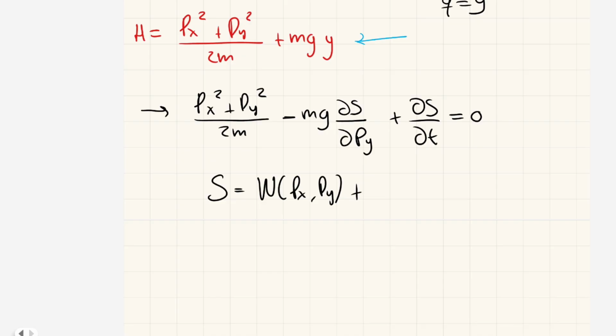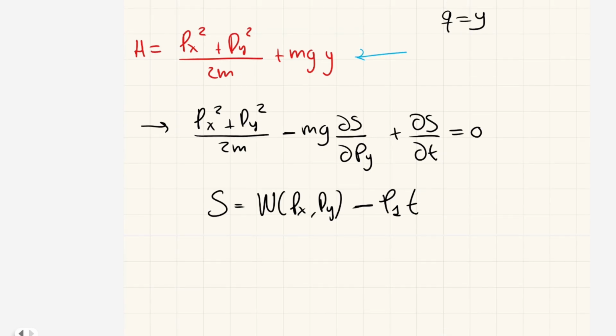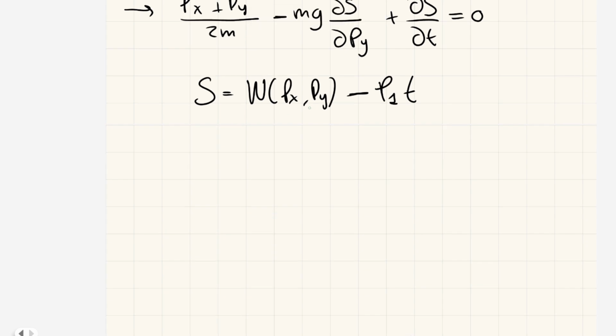So we are going to say that this is equal to a constant times t, and let me write this as minus p1t. Again, we can write this linear function of t because the Hamiltonian does not depend explicitly on t. And this W is a function of px and py.